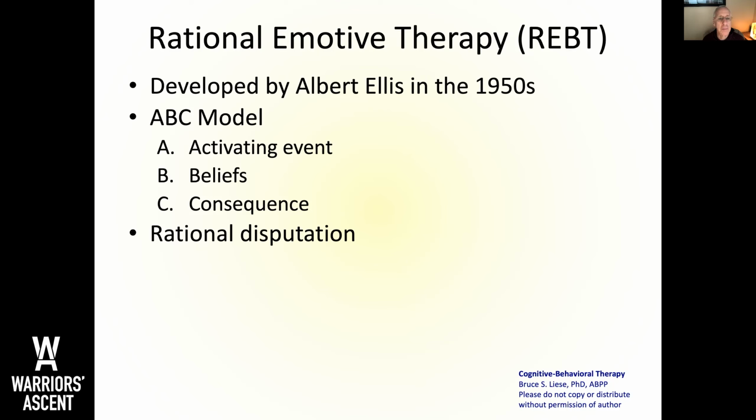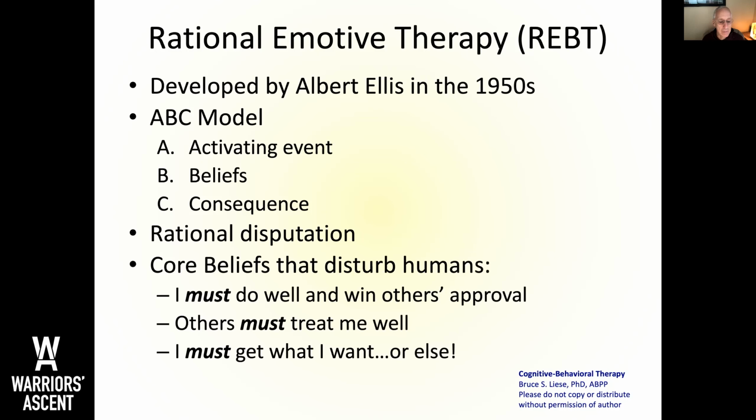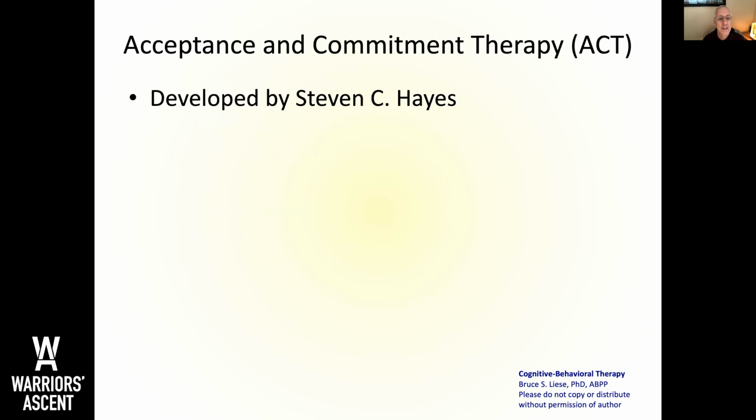What makes you a terrible person? Is anyone else a terrible person? What's your evidence for being a terrible person? Dr. Ellis was particularly interested in musts and shoulds. I must do well, others must treat me well, I must get what I want. Those rules were bound to get people in trouble.